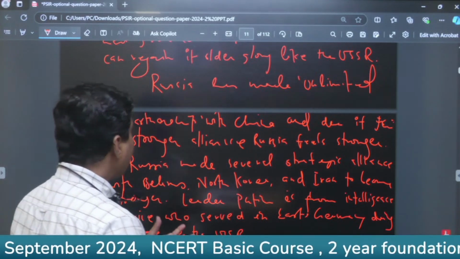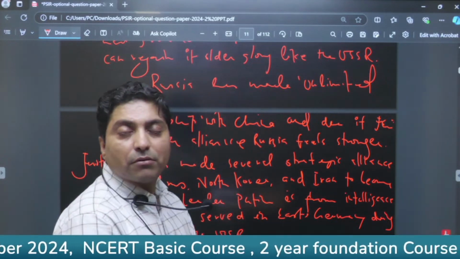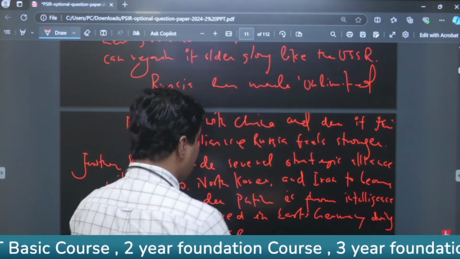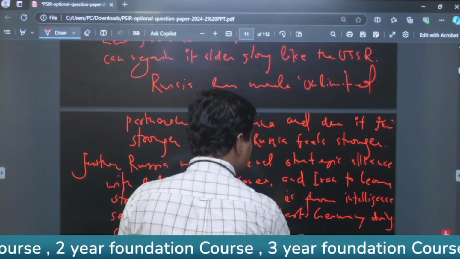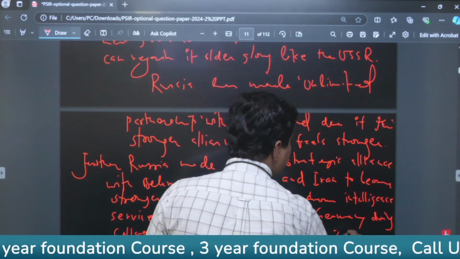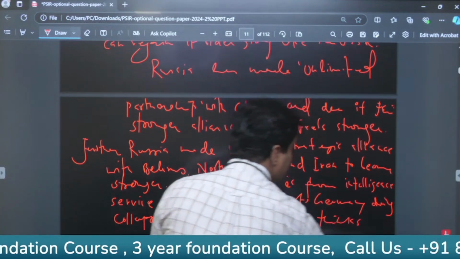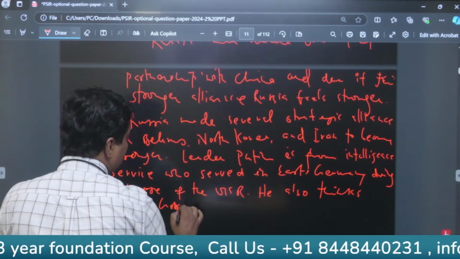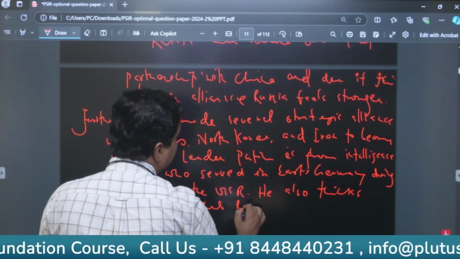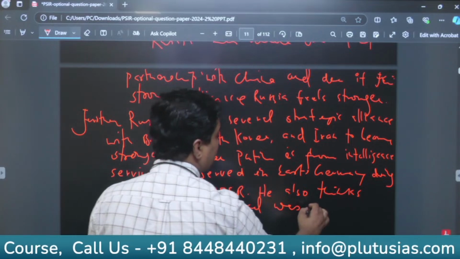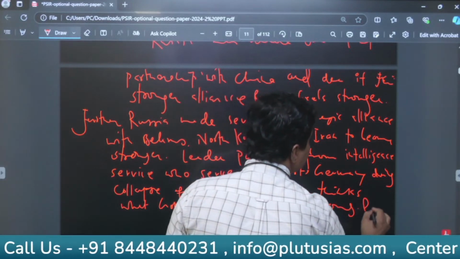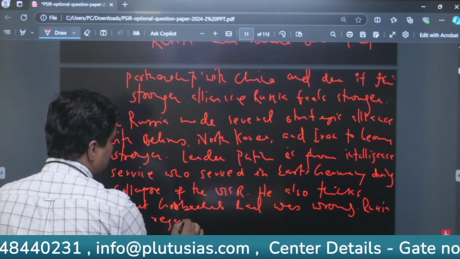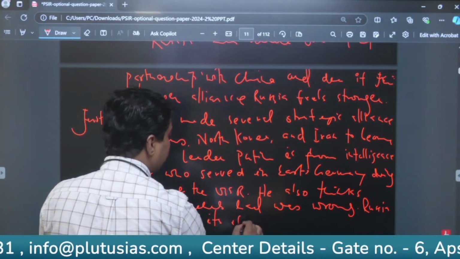And he also thinks that what Gorbachev had done was wrong, and that Russia can regain its older glory.